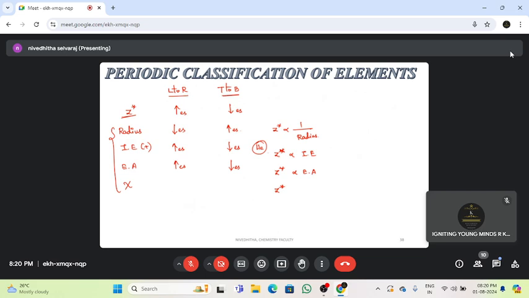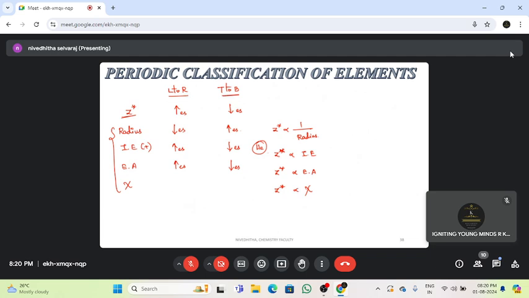Effective nuclear charge is nothing but what directly implies the strength of the nucleus, right? If the effective nuclear charge is more, then the capacity of attracting the electron will also be more, right? So as effective nuclear charge increases, electronegativity also increases. So they are directly proportional.